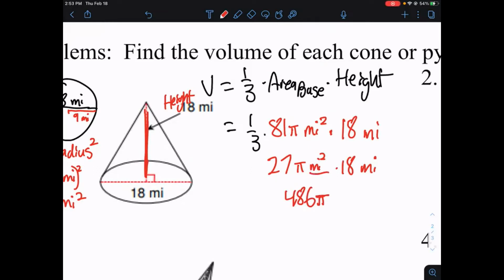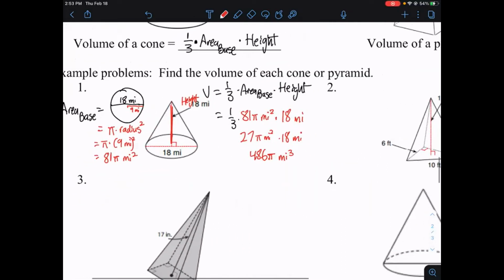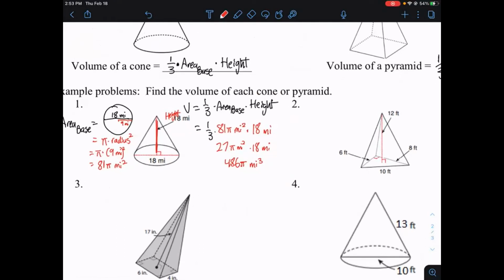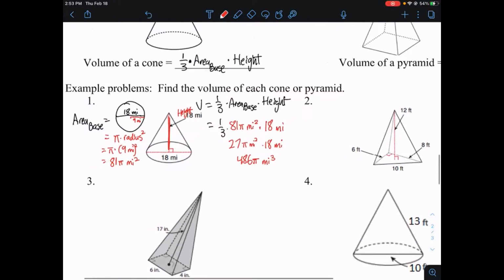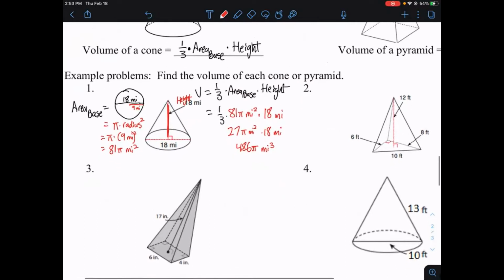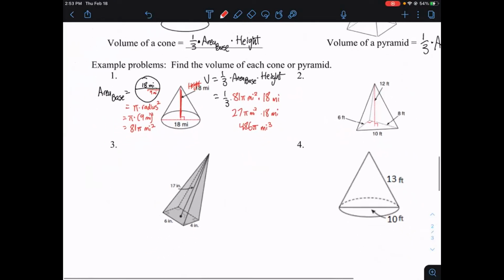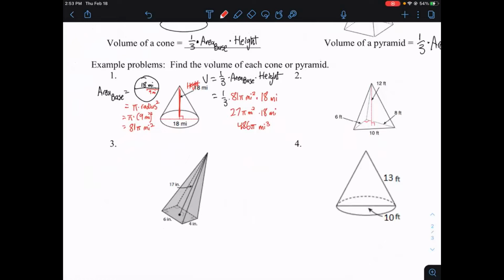And then miles squared times miles would be miles cubed. So if you have any questions, let me know. Or if not, go ahead and see if you can do the other 3 problems in this section.